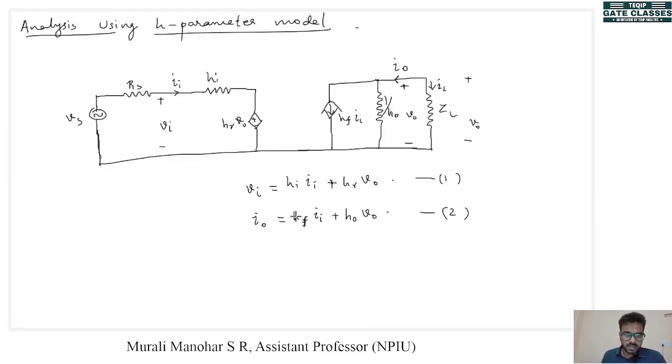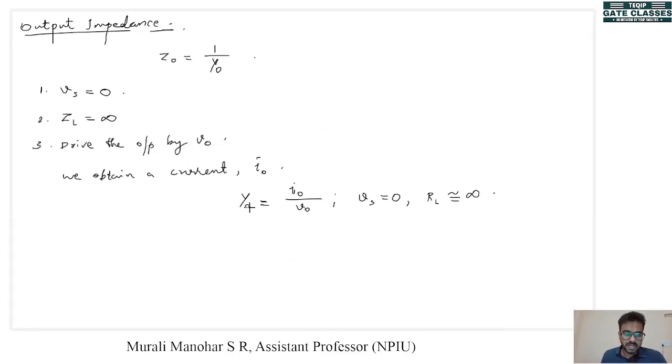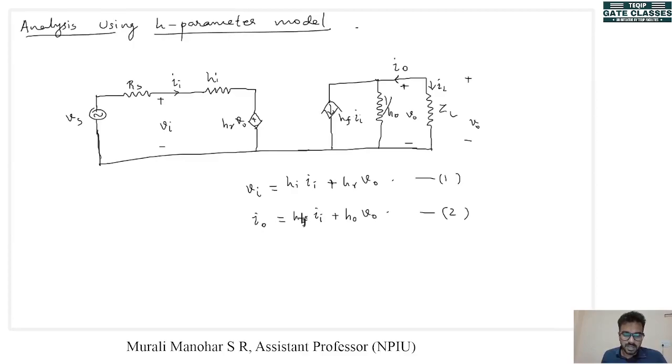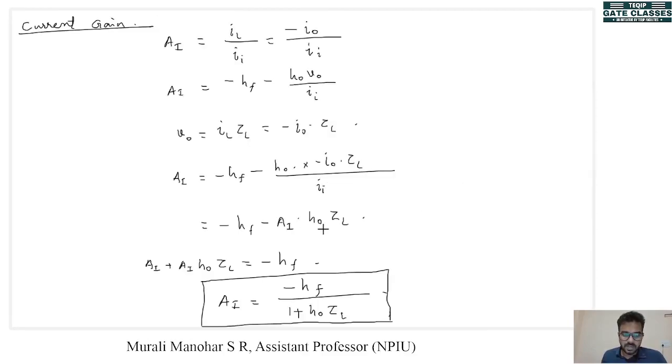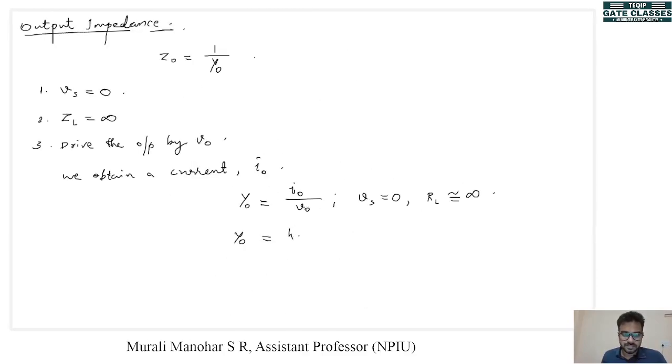Now look at equation 2. Here we have I out equal to HF into II plus HO into VO. If we divide this I out by VO, we will get the value of Y out. So divide equation 2 by VO, we will get Y out is equal to HF into II divided by VO plus HO. Now this is the value of YO.